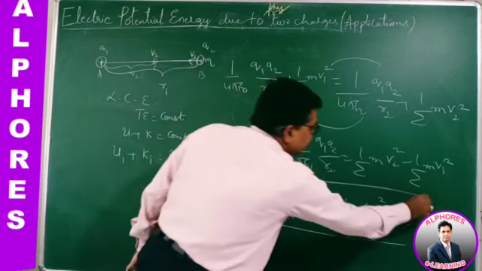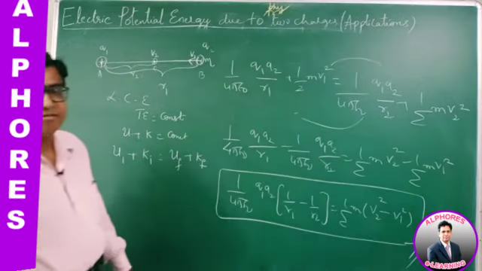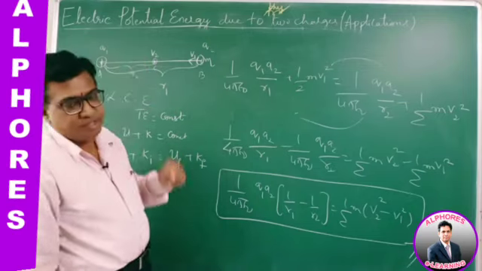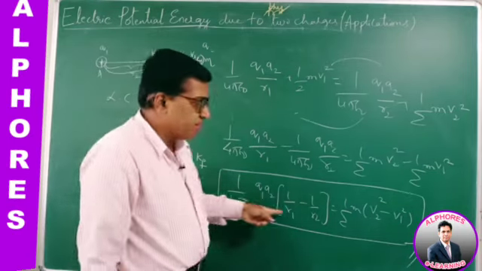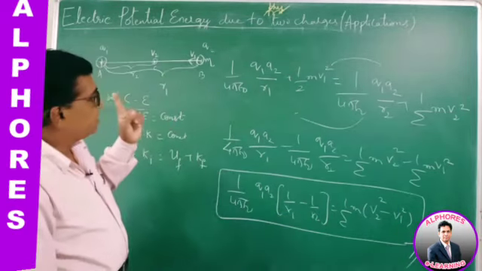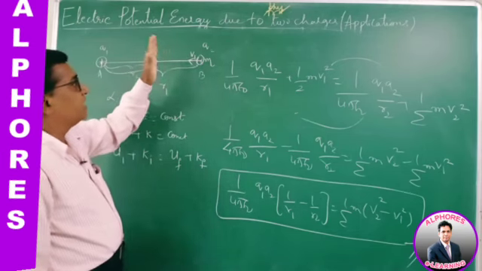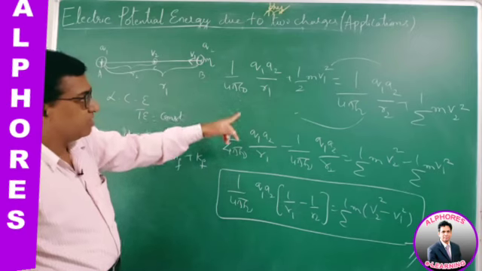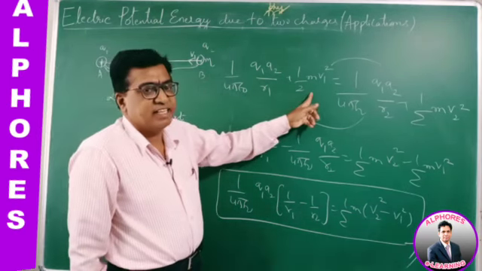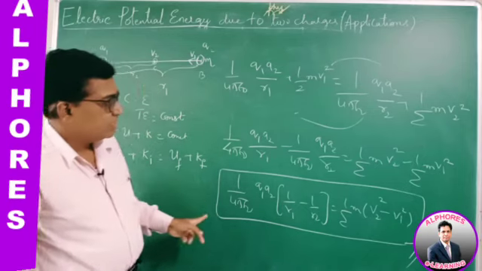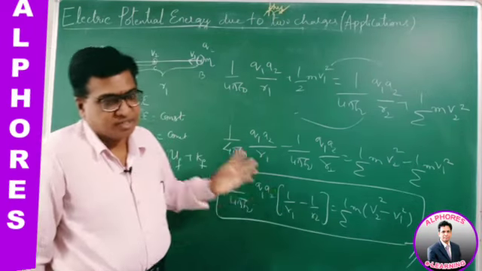So this is the relation for the system of two charges at two different positions, based on the law of conservation of energy: potential energy plus kinetic energy at the initial point equals potential and kinetic energy at the final point. So putting those two, this is the equation from which you can make out the relation.